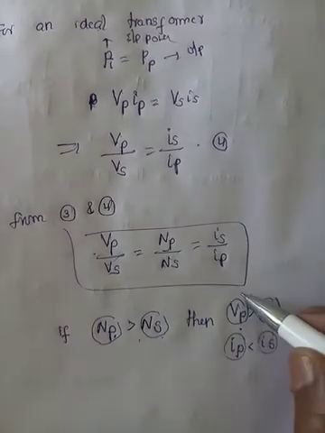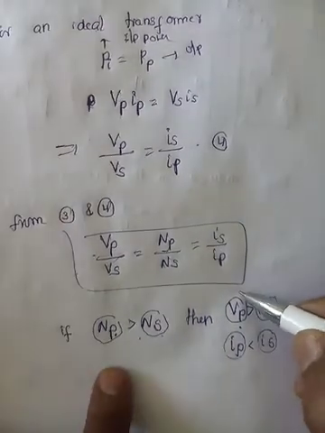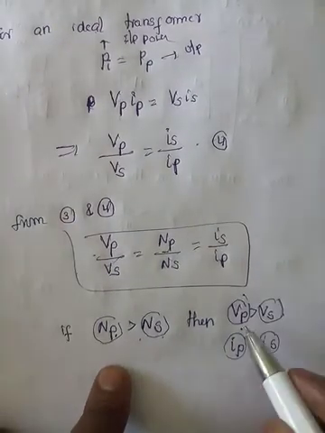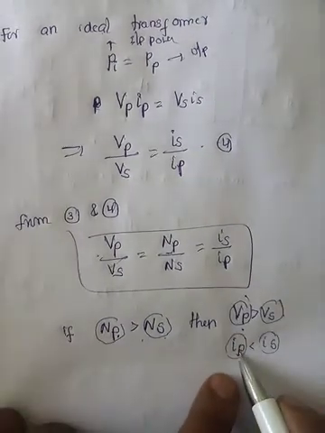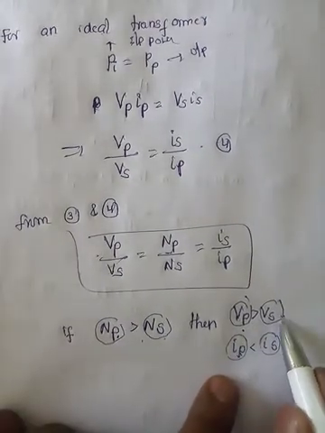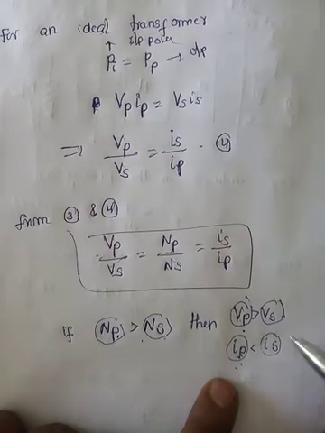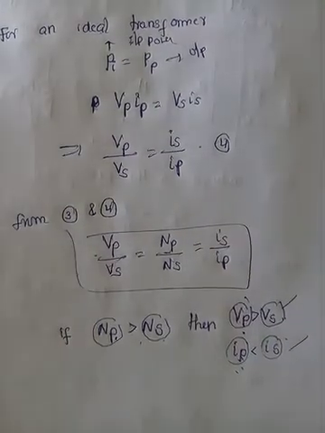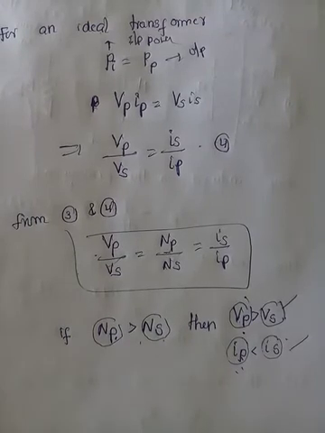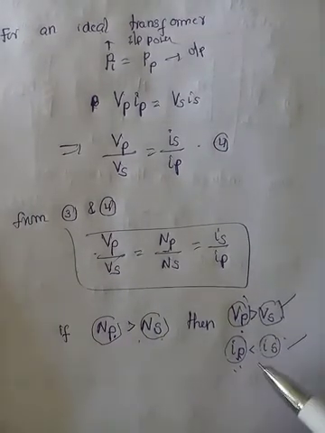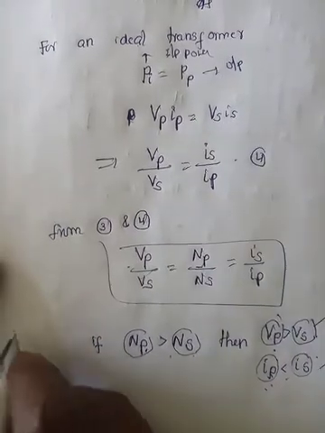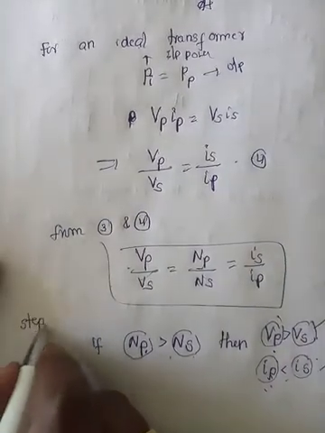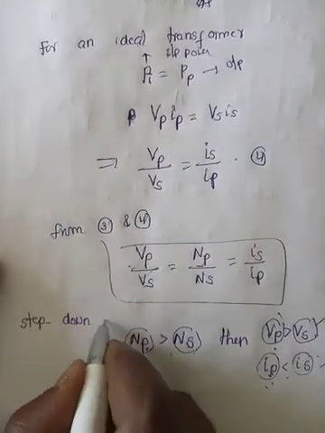So this type of transformer converts high voltage, low current to low voltage, high current. Voltage is decreasing, so that is why this transformer is called a step down transformer.